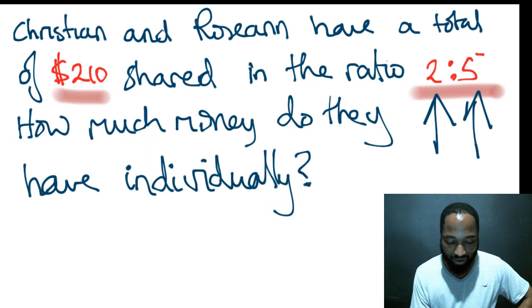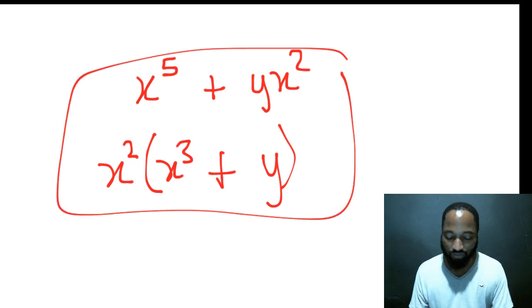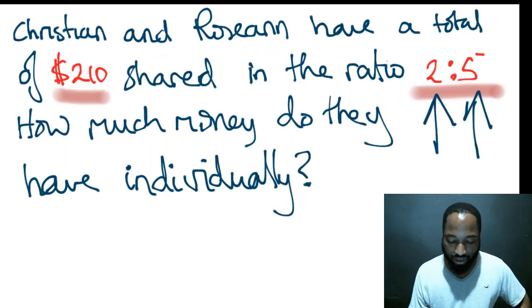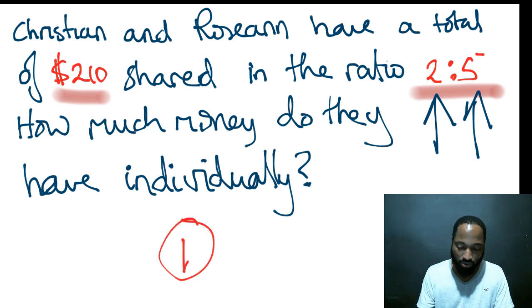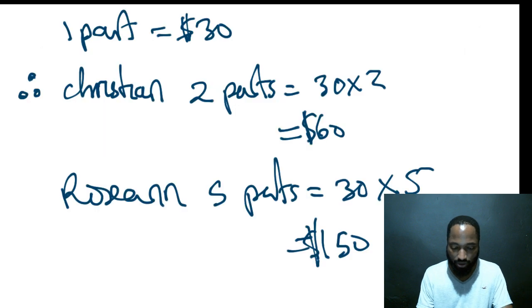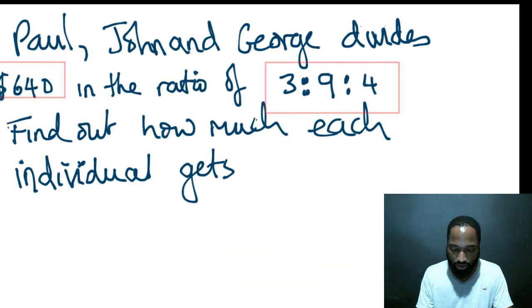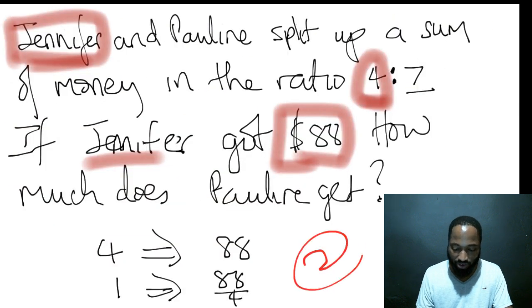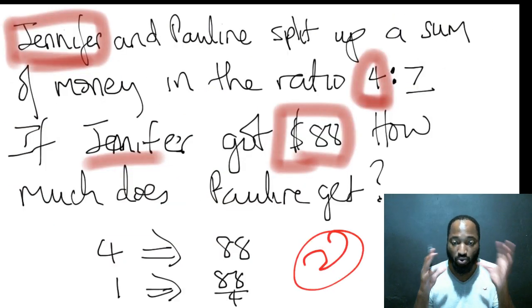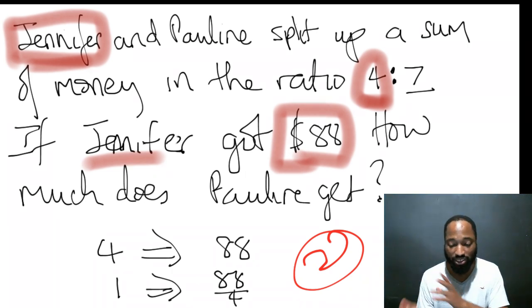We went into where indices could take us in terms of factorizing and stuff like that. Then we went into the ratios, which is what we were just doing there. I showed you there are 3 ways the ratio question could come. There's this way, which is still the same way. And there's this way, the one with Jennifer, if you weren't given the whole part but you're given how much one person gets.